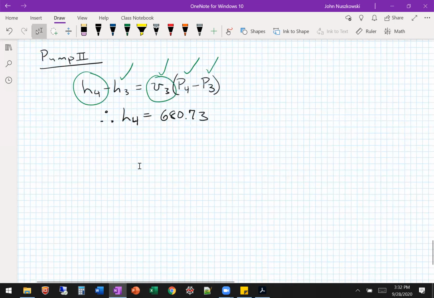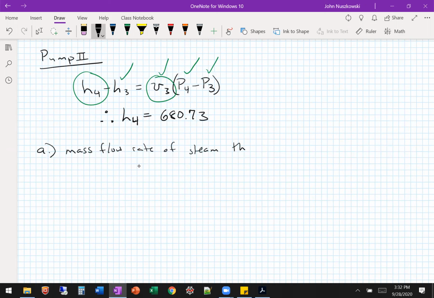Okay, so they're asking for the mass flow of steam through the boiler, right? So I'm going to use mass flow rate 5, which is the same as 8, right?